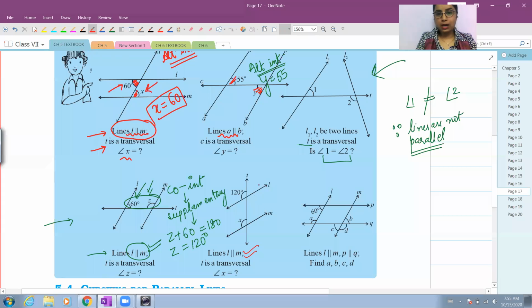If you mark this angle, which is 120 degrees, and let's mark the other angle, which is X, the shape will resemble the letter F. Can you see the highlighted part? Yes, ma'am. So this is how you can see this is a corresponding pair. You will see the letter F formed if you mark the angles.